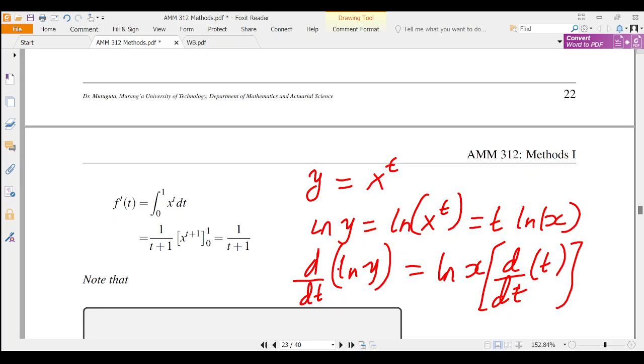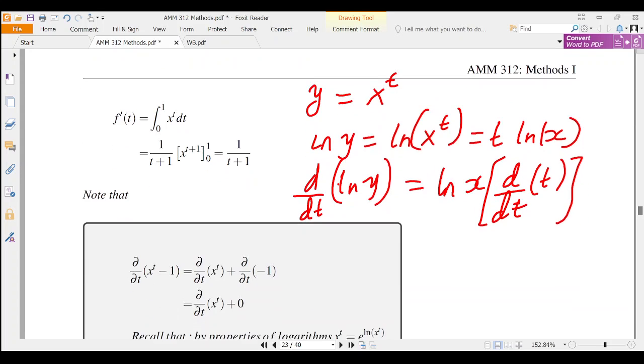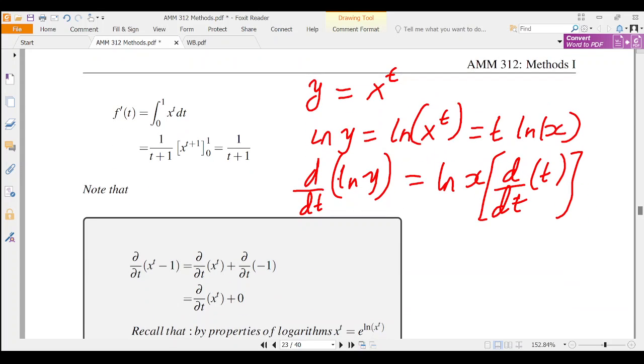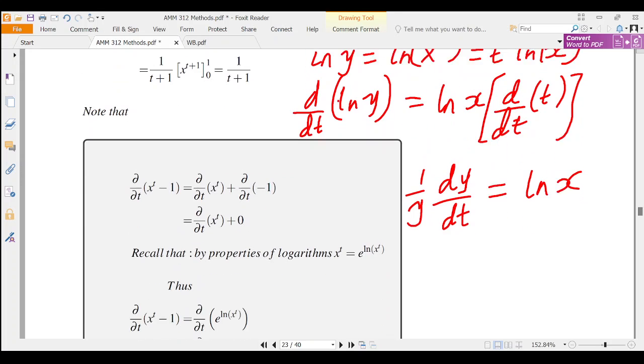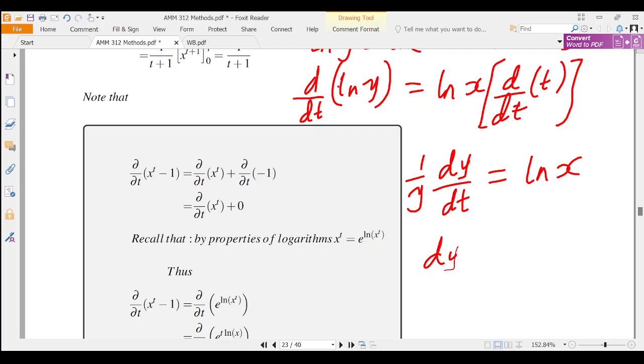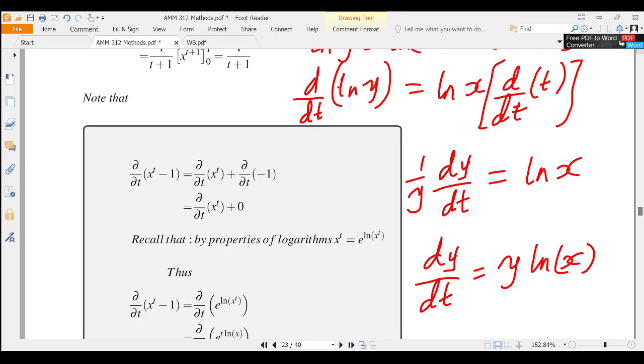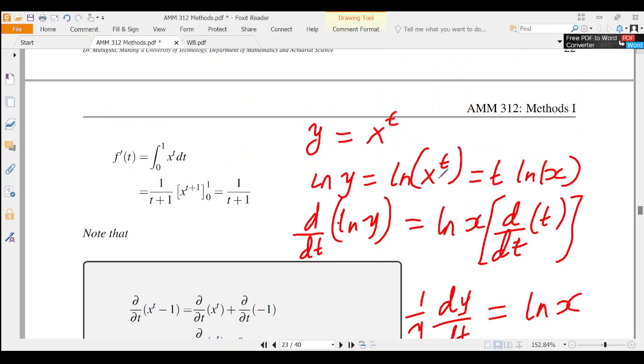Differentiating t with respect to t, we get 1. And the left hand side becomes 1 over y dy by dt, which is equal to logarithm of x times 1. So the derivative of y with respect to t becomes y times logarithm of x, where y in this case we had defined as x raised to power t.